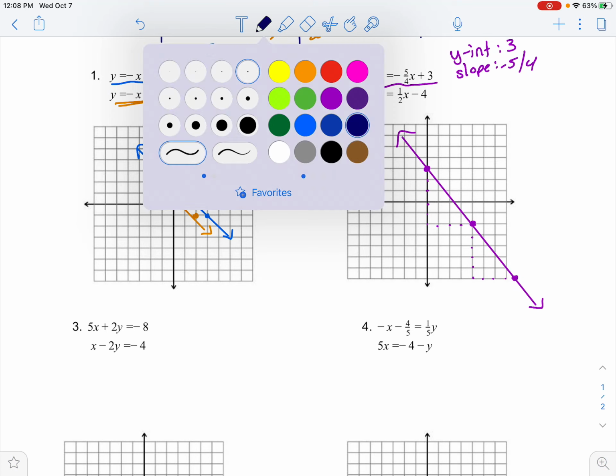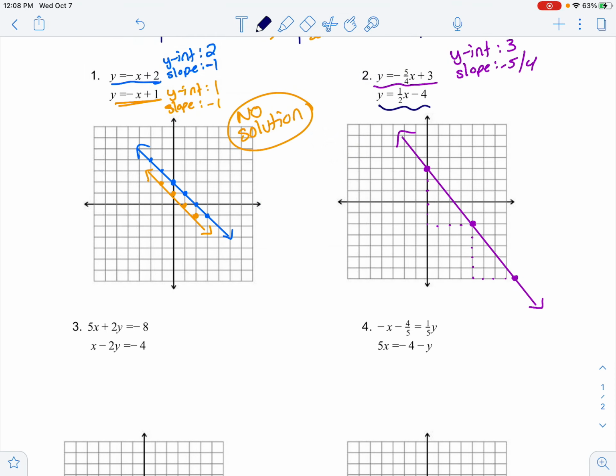Okay, so this next one. We have our y-intercept, and we have our slope. So my y-intercept is going to be -4, it's the b value. My slope is going to be 1/2. Okay, so let's go ahead and graph that. We're going to go down 1, 2, 3, 4. Then I'm going to go up 1 over 2. Keep going until they hit.